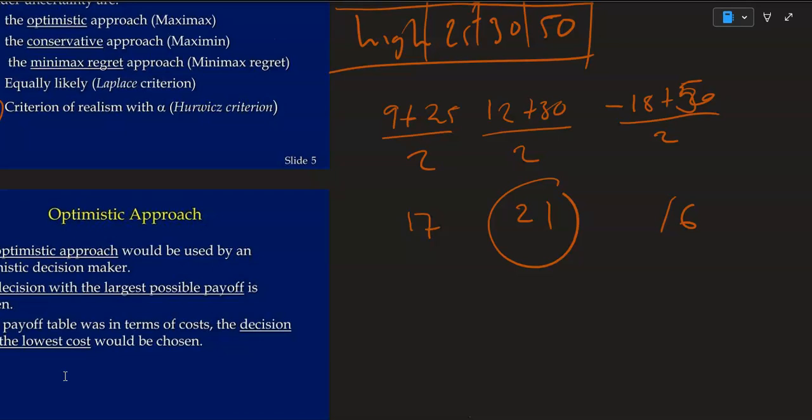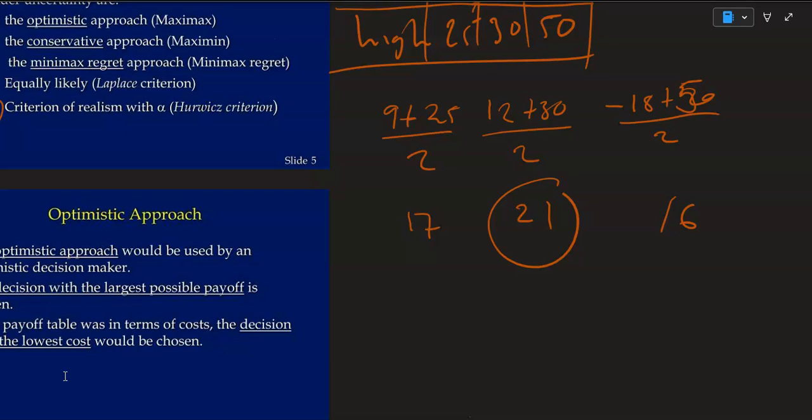This coefficient of optimism is basically a value between 0 and 1. The closer it is to 1, the more optimistic you are. The closer you are to 0, the more pessimistic.